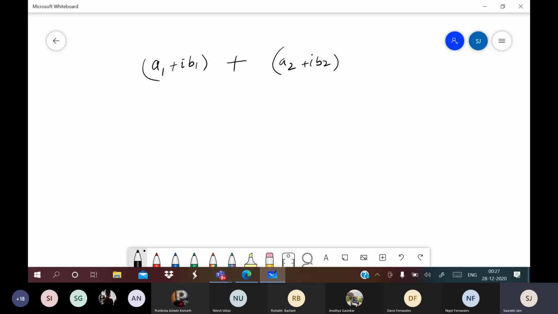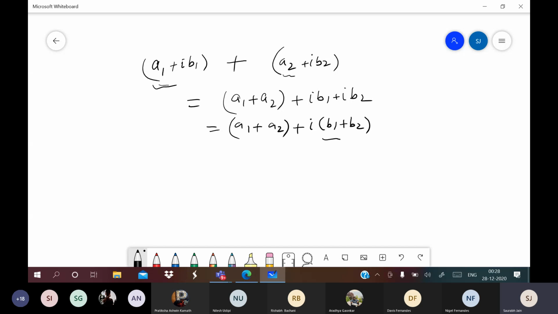Their sum will be a single complex number whose real part will be the sum of the real parts of these two complex numbers, and the imaginary part of the third complex number will be obtained by adding the imaginary parts of the individual complex numbers and then taking iota common. So it is a1 plus a2 plus iota times b1 plus b2, right?